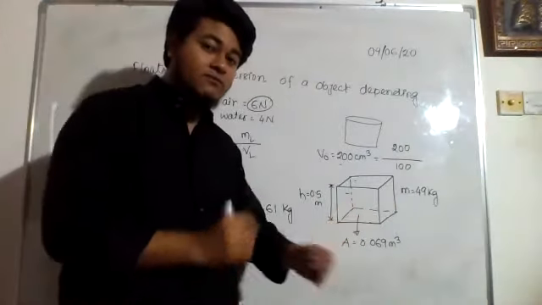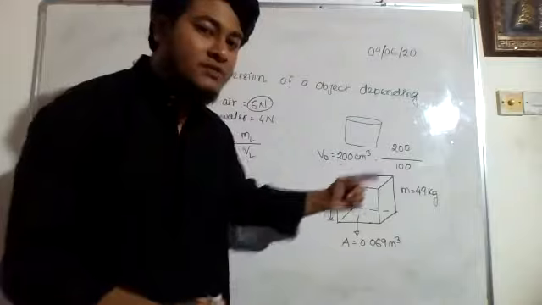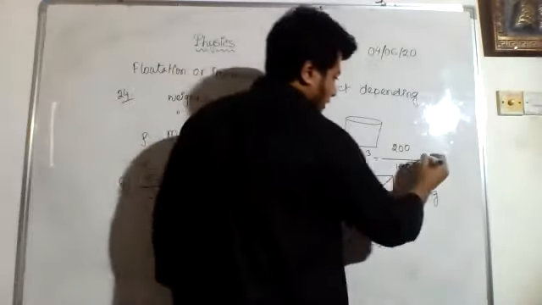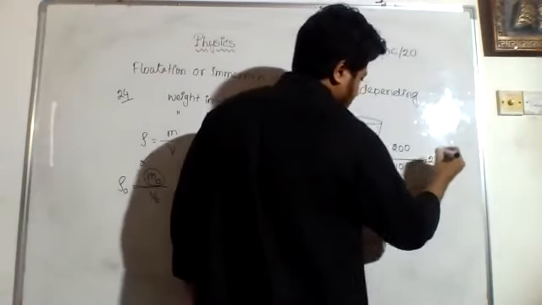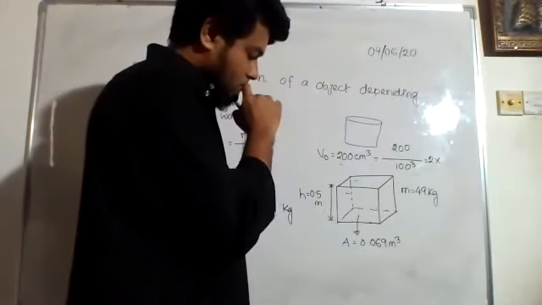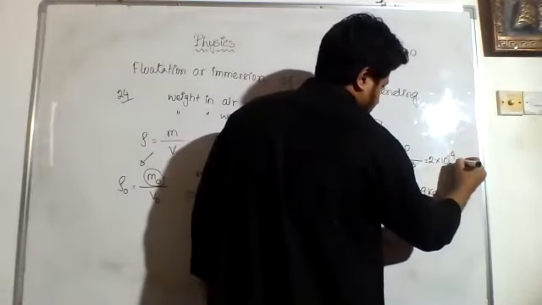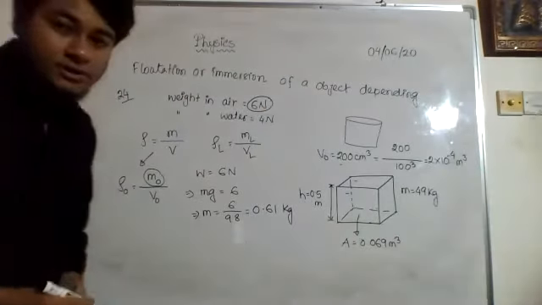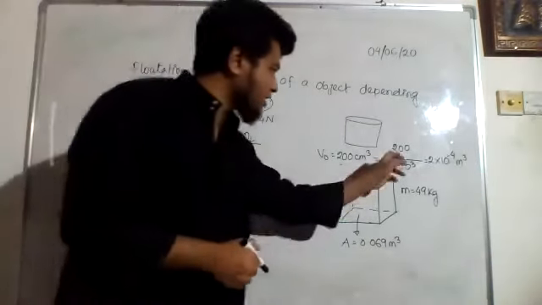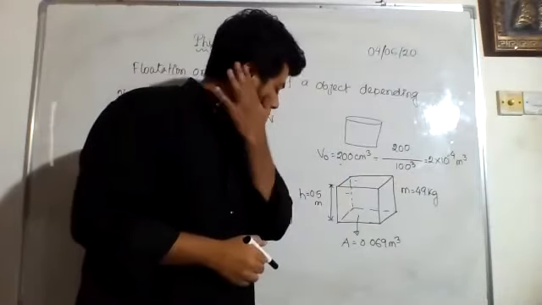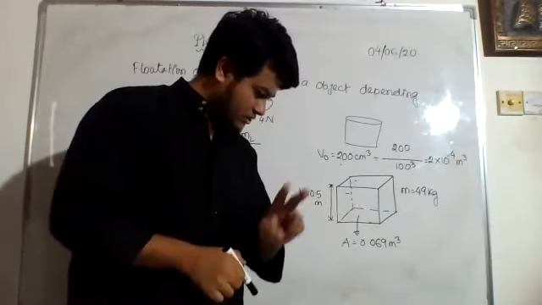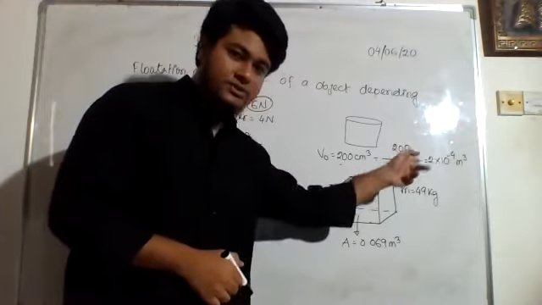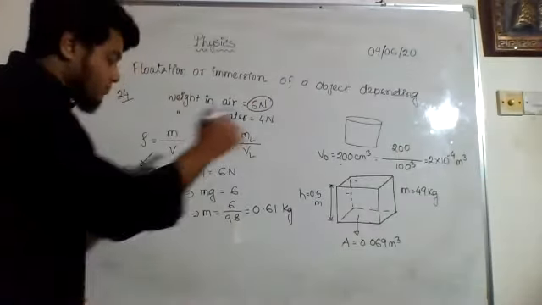But here I am converting from centimeter cube to meter cube, so I will divide by 100 cube. So this will be equal to 2 into 10 to the power minus 4, I guess. So this is going to be the volume. I'm not sure. Can you kindly check 200 divided by 100 cube? Yes, this is correct. 2 into 10 to the power minus 4 meter cube.